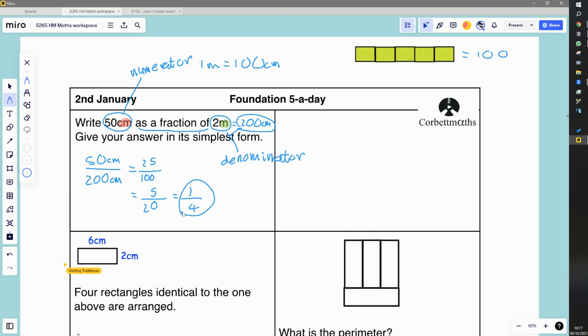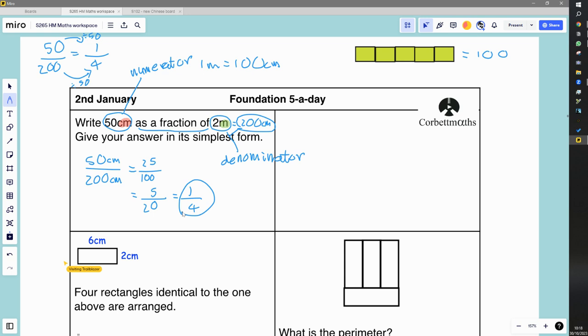So we could have jumped straight to here: 50 over 200. 200 divided by 50 is 4, because 50, 100, 150, 200, so we put the 4 at the bottom. At the top, 50 divided by 50 is 1. So look out for those shortcuts.